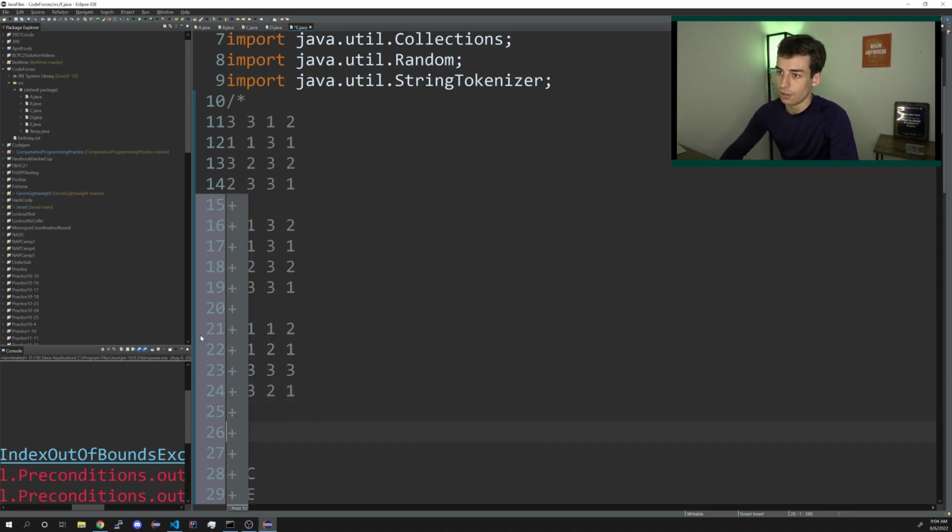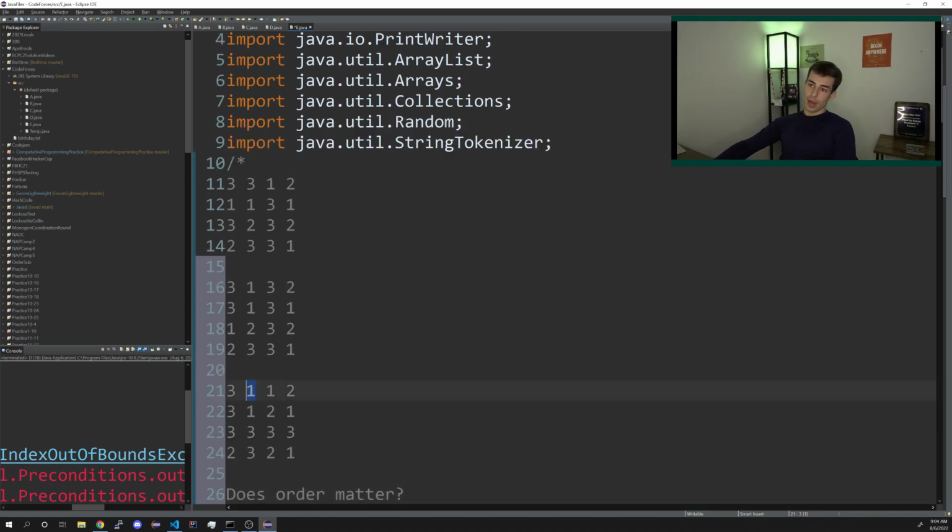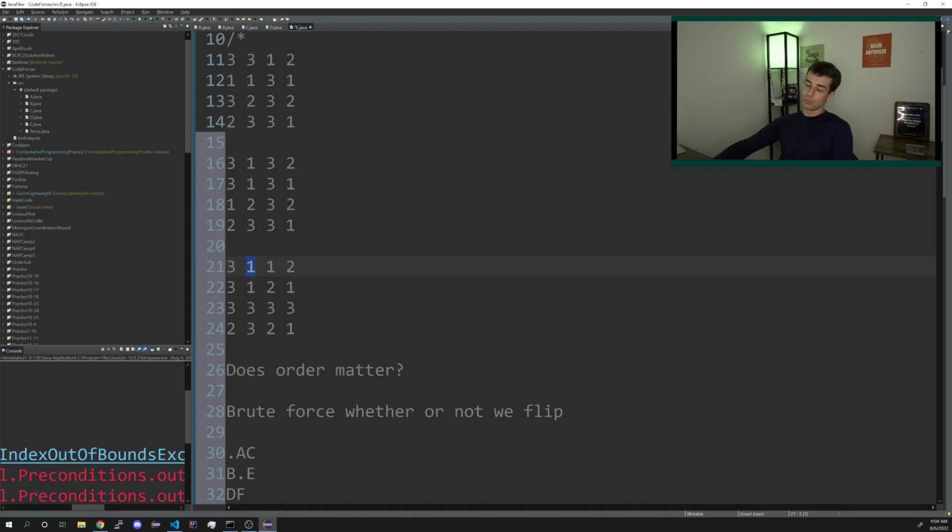So the idea is brute force whether or not we flip. First question, does order matter? No. For each element, all that matters is the parity of the number of times it was flipped, because it just swaps between two places.